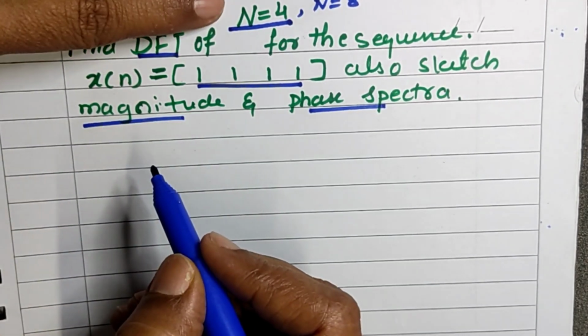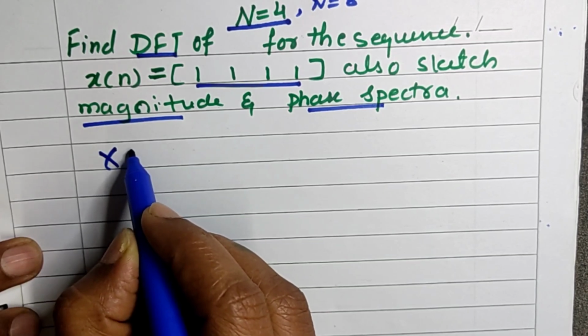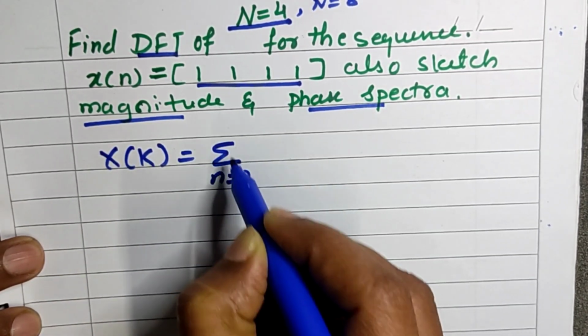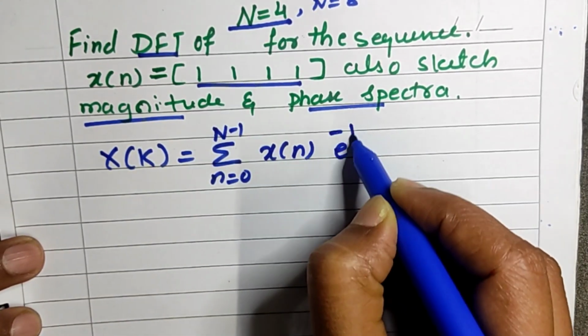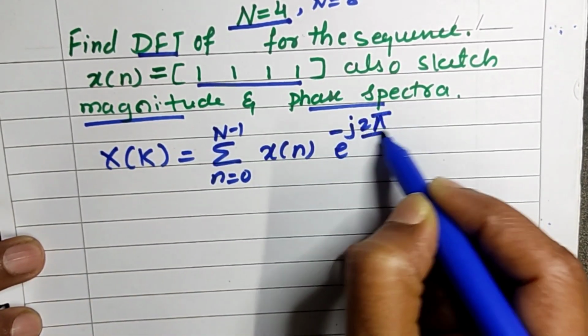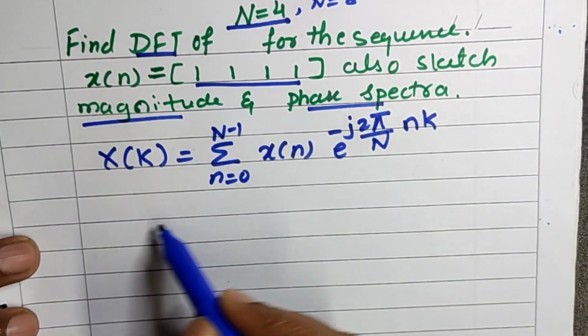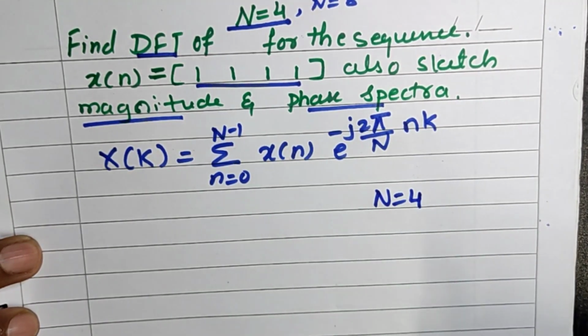Now we will discuss N is equal to 4. The formula for DFT is X of k, which is equal to summation of n is equal to 0 to N minus 1, x of n into e raised to minus j 2 pi by N into n k, where N is equal to 4.